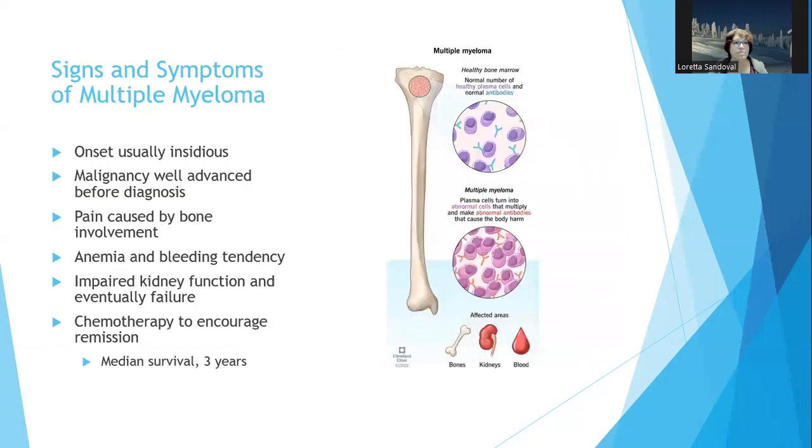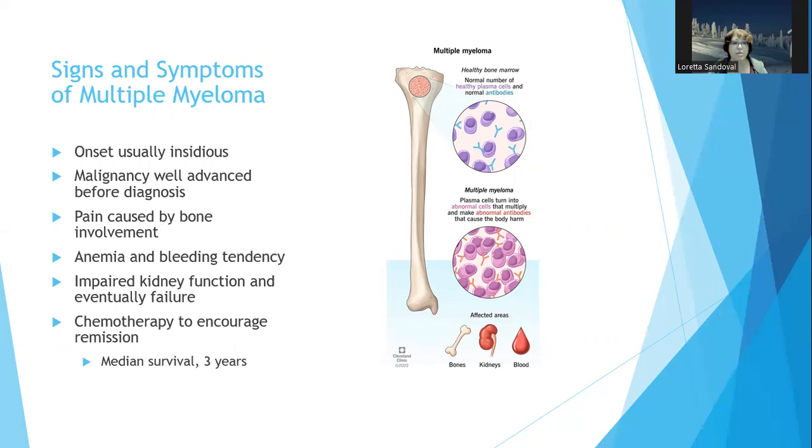The signs and symptoms of multiple myeloma, it's often an insidious onset, and the malignancy is well advanced before diagnosis. So we'll see some other types of cancer where this is the case. If the malignancy can get hold before you have any signs or symptoms with that insidious onset, it might be too late by the time you find out.